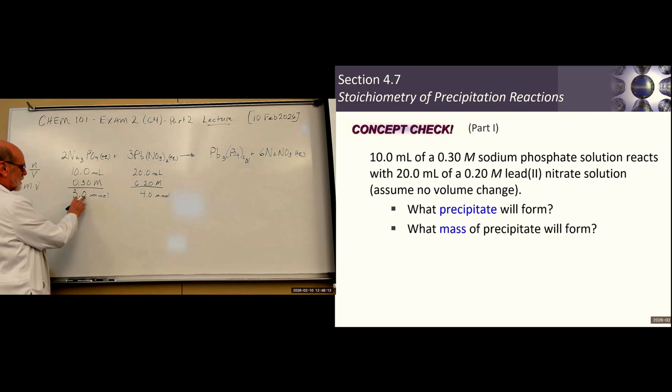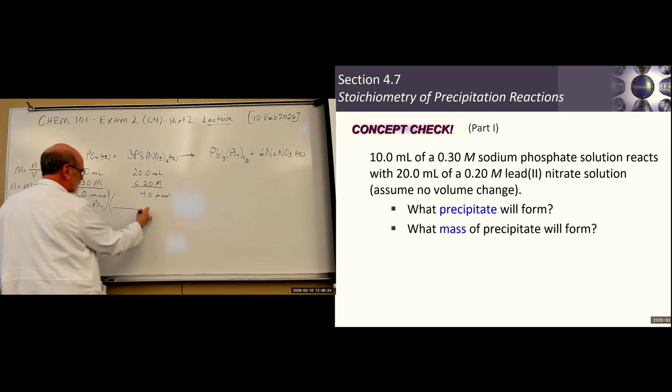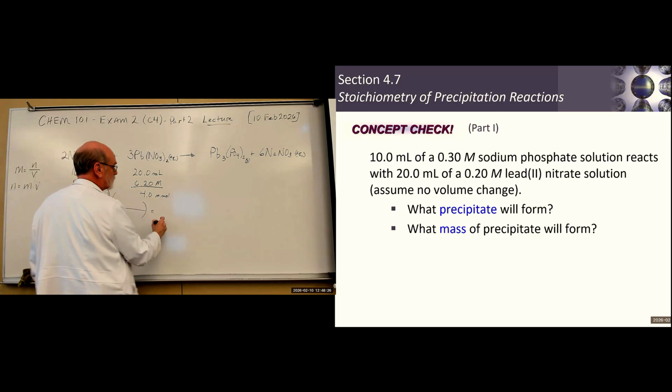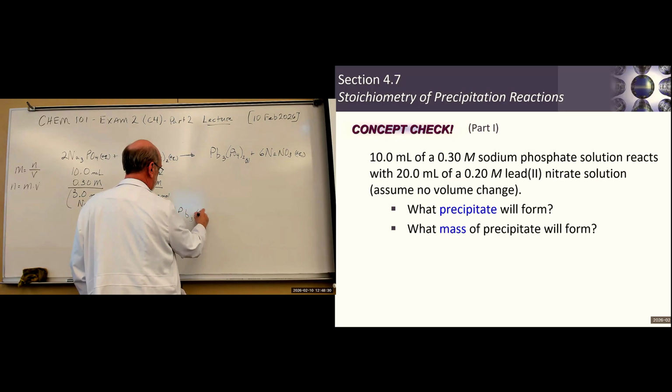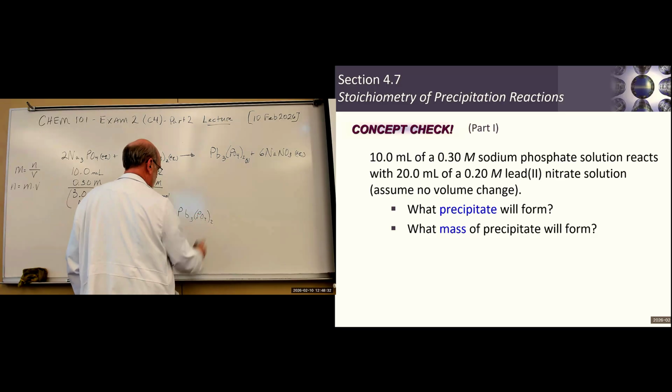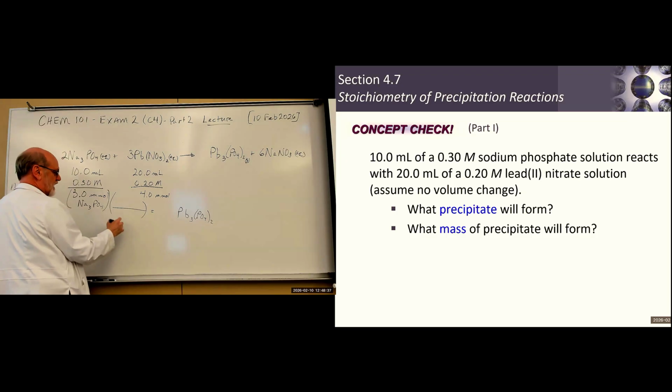So if we're going to go from 3 millimoles of sodium phosphate, we need a conversion factor that will go to this one, the precipitate. Well, this needs to be on top. This is our conversion factor.